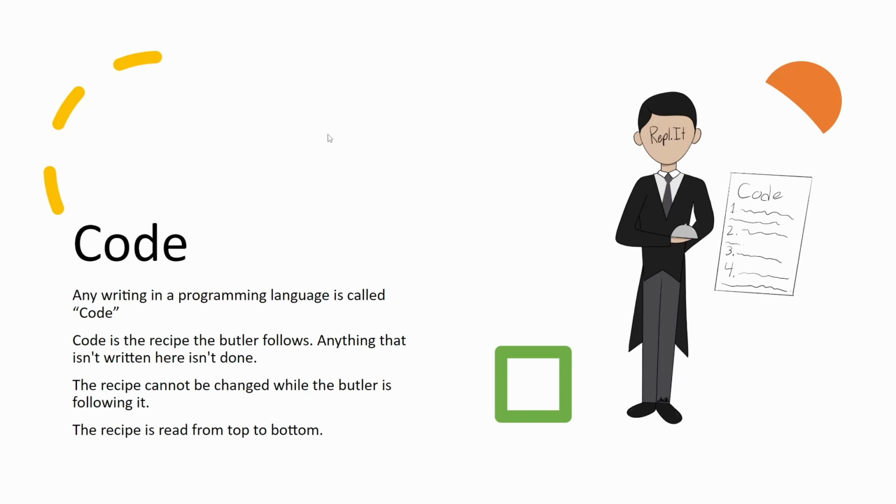For example, you can't really say mix butter and cream in a bowl before you've told the butler how much butter and how much cream you need. So that's why it's written from top to bottom. Anything that's written after, or anything on the second line, has the information of the first line, which is a little bit confusing, but it'll make more sense when we get to writing.